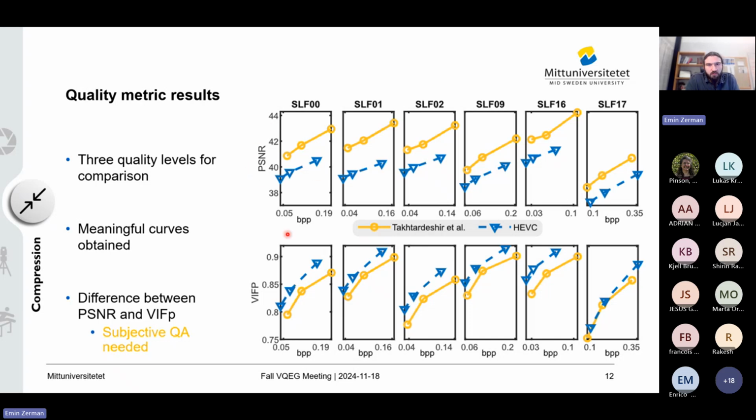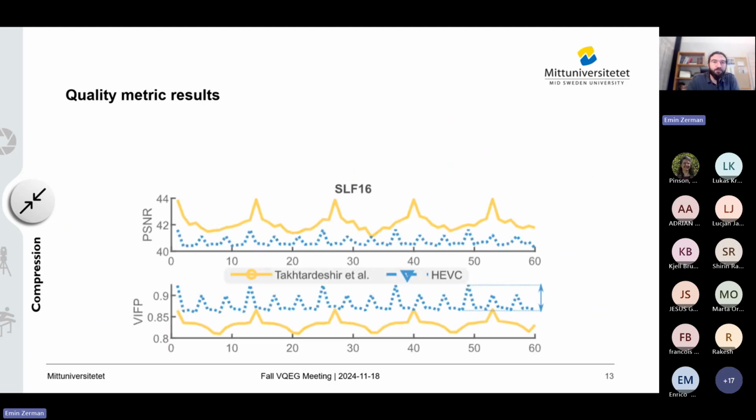Here you see PSNR versus bits per pixel, and pixel-based width also versus bits per pixel. You can notice a difference between PSNR and width: in PSNR one method is better, in width the other is better. This shows that we cannot rely on one or the other, so we perhaps need more subjective quality assessment for this comparison in the spherical light field compression scenario.